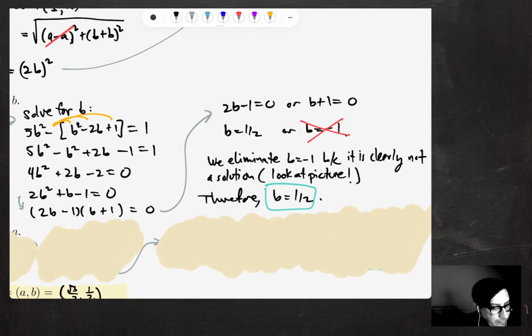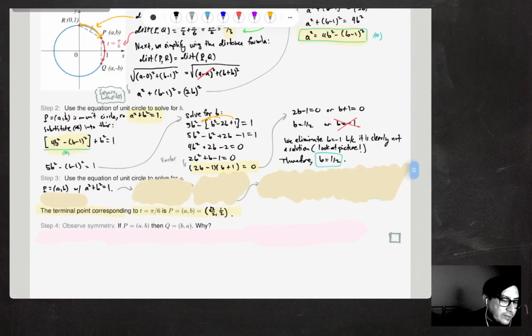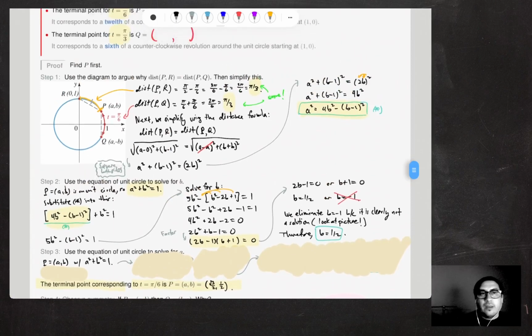Once you've got this factored as a product of two pieces, we know, well, 2b minus 1 is equal to 0, or b plus 1 has to equal 0. One of those two has to equal 0. So this is telling us that b is equal to negative 1. And I crossed it out. Why did I cross it out? Let's go back to our picture.